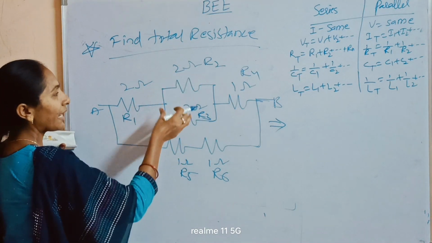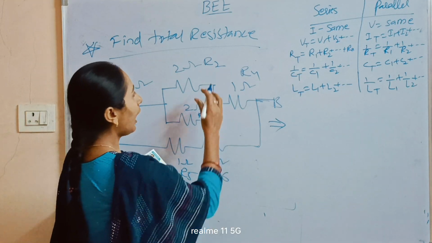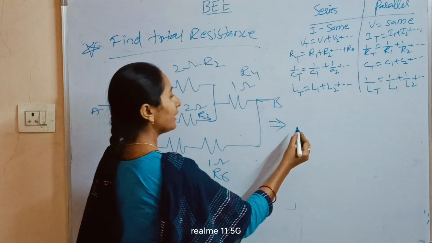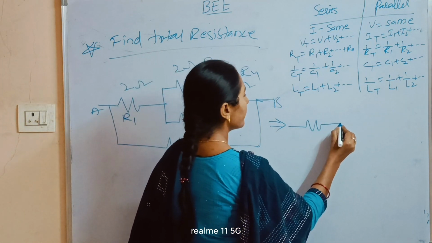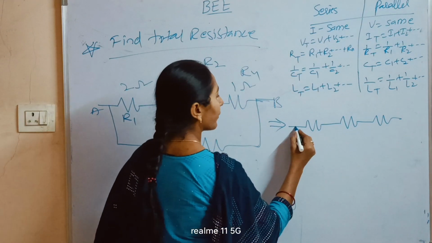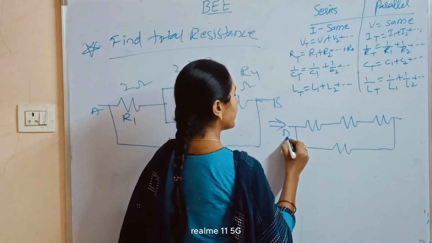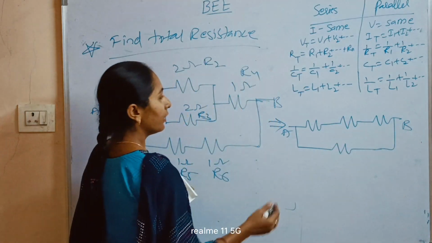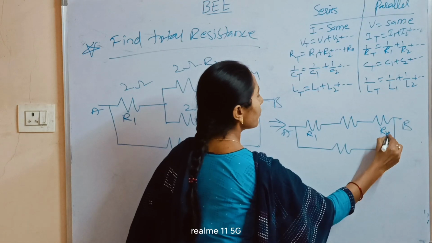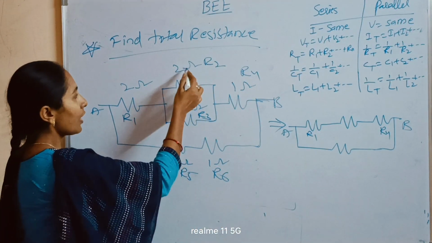So first do the parallel connection for these two only. This is A, this is B. Now this R1 is common and this R4 is also common. Now coming to R2 and R3, these two are in parallel.